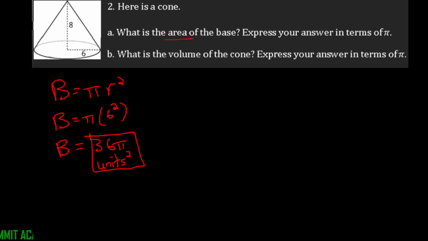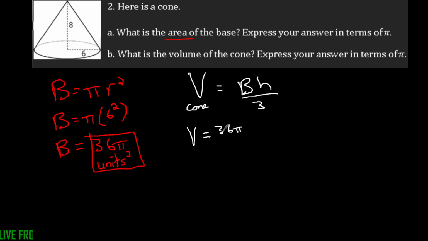And so now if we talk about the volume of that cone, the volume of the cone is going to be equal to big B times h over 3. So volume equals 36 pi times h, which is 8, divided by 3. And what we can do is simplify.